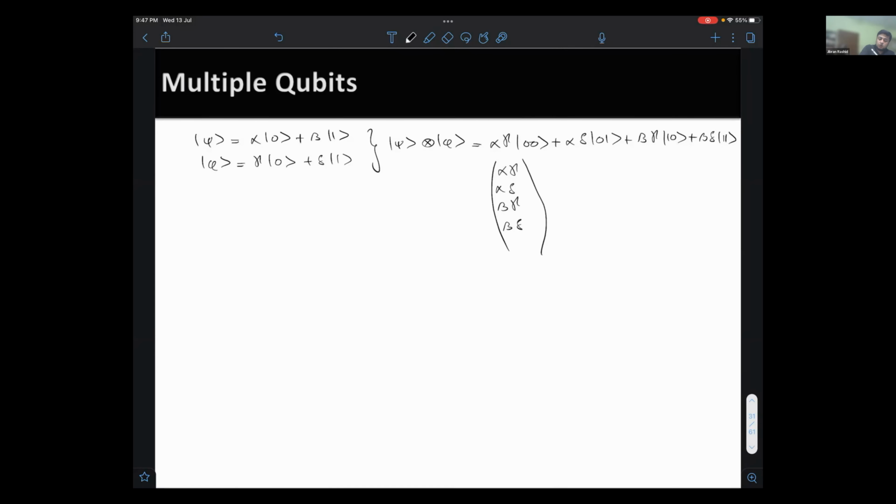And so note how the indices of what we are writing in the ket notation actually represent the index of the corresponding coefficient as well, right? So alpha gamma is the amplitude for index 00. Alpha delta is the coefficient for index 01, and hence the ket |01> as well, and so on and so forth.